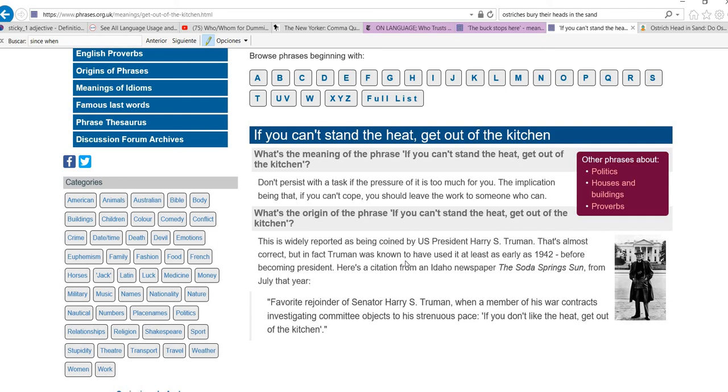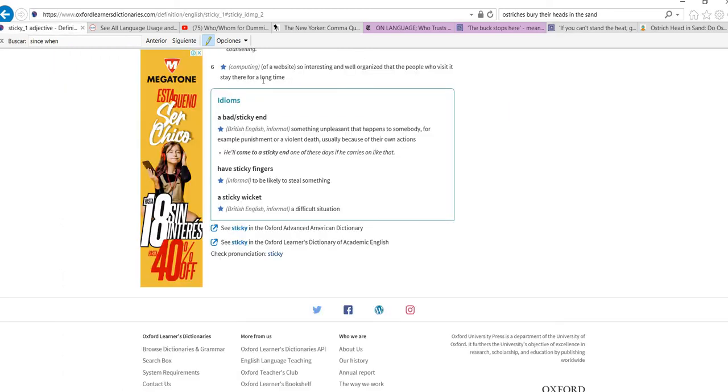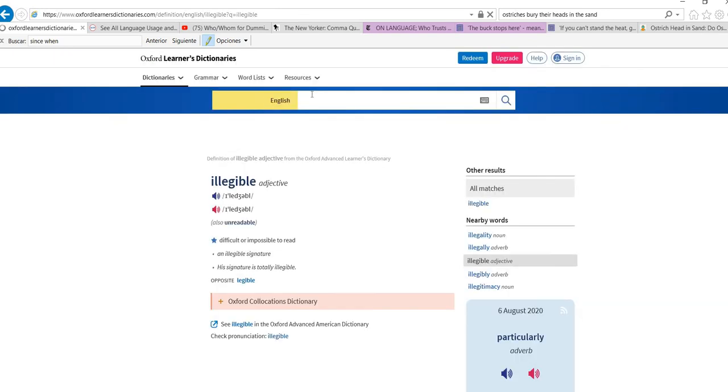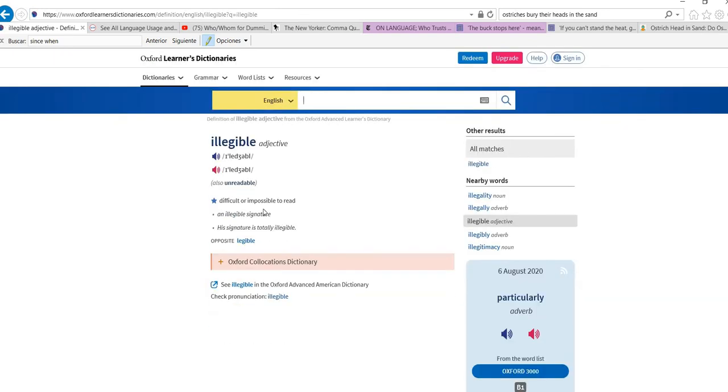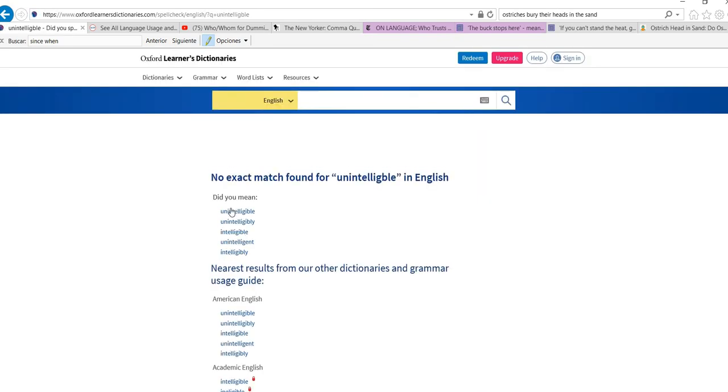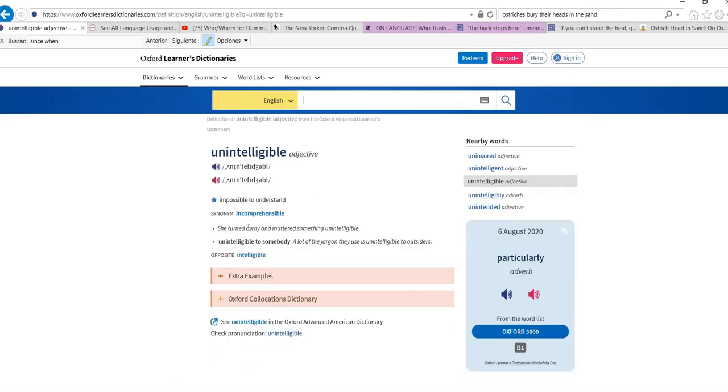Activity 2 from page 193 is a bit difficult, but it is very interesting. For example, you get to see the difference between illegible, difficult or impossible to read, so a signature is illegible, and unintelligible, which is incomprehensible.